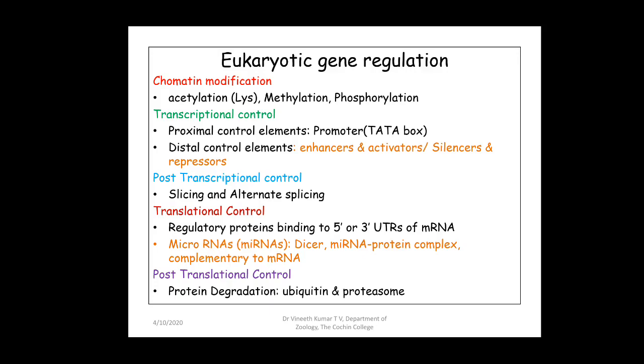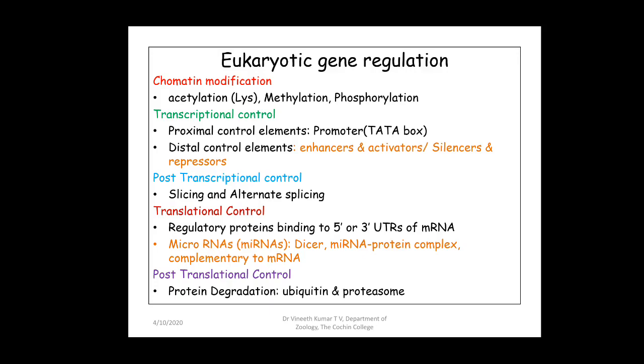Usually acetylation, that LYS is nothing but lysine. Acetyl groups are usually added to lysine residues in the histone protein. So chromatin modification means you cannot modify the DNA. Mind you, when you write the answer, if you remember the term chromatin modification, don't write that it is modification of the DNA. DNA is not modified. If a DNA is modified, the complete gene will be cramped up.